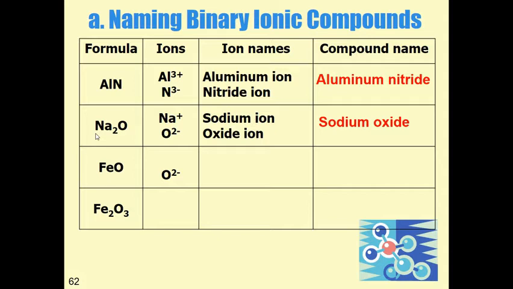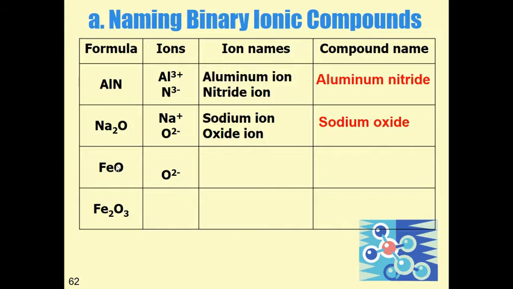The answer is no, so we're going to go to the left. Then we're going to count the different number of elements. Sodium and oxygen. That's 2 elements, so this is ionic binary. The flowchart says you name the metal first, sodium, then you name the non-metal second and change the ending to "ide," sodium oxide.